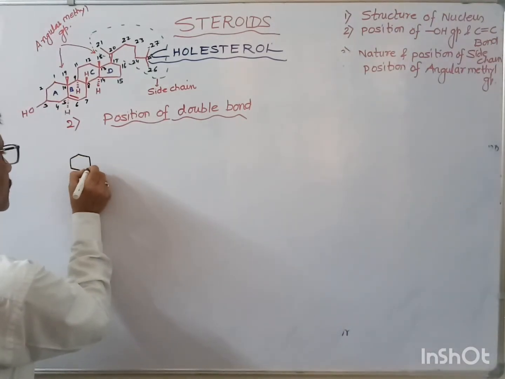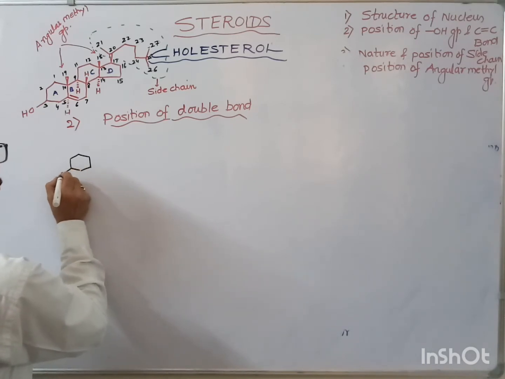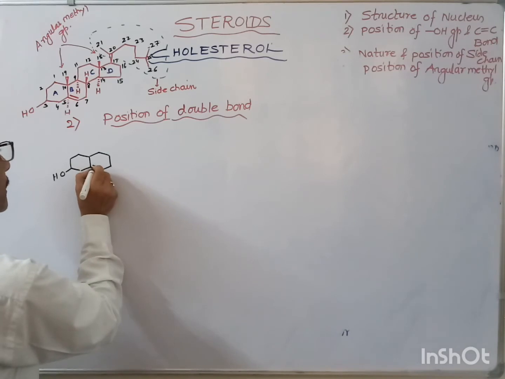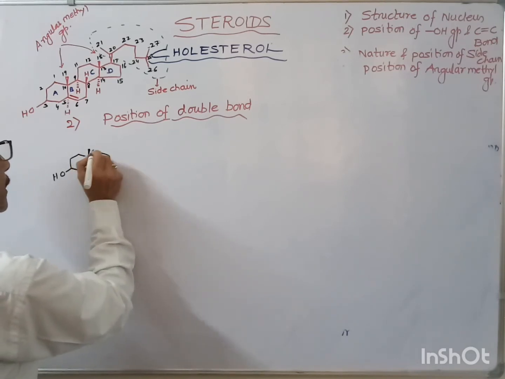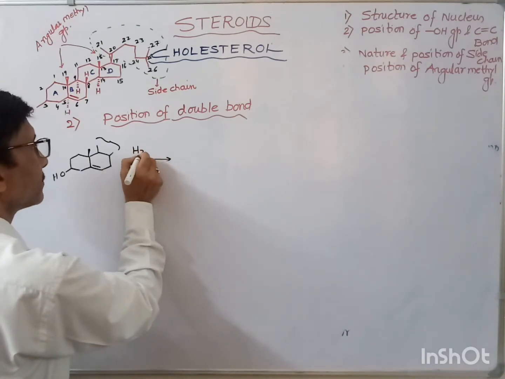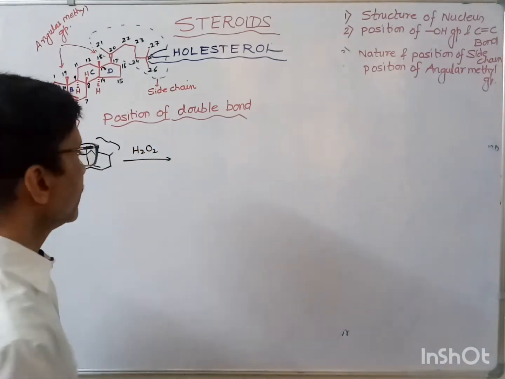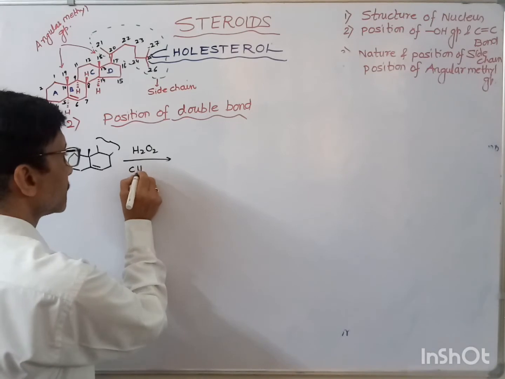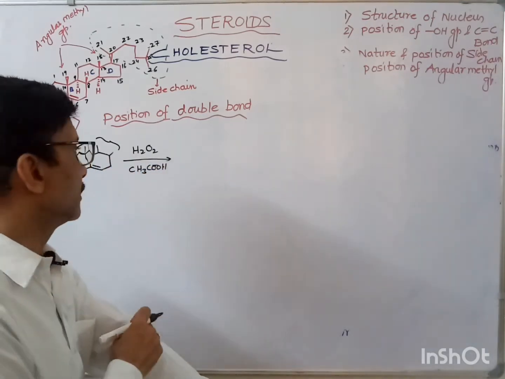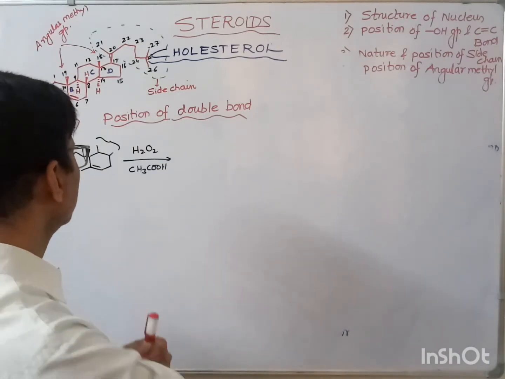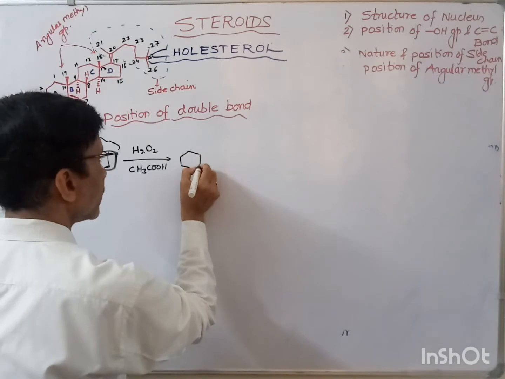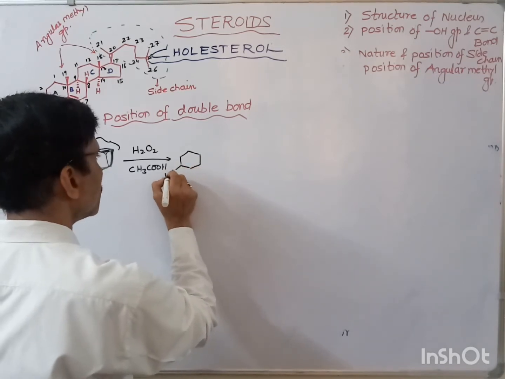Suppose this is our cholesterol, and when it was treated with hydrogen peroxide in acetic acid, it will do the hydroxylation of this double bond.